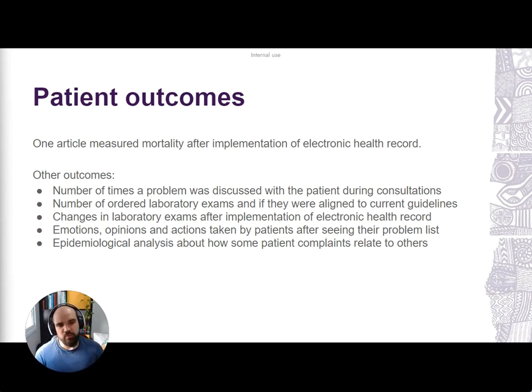Other outcomes related to patients were present in those studies as well, such as the number of times a problem was discussed with the patient after the intervention, the number of ordered laboratory exams and if they were aligned to current guidelines, changes in laboratory results after the intervention, emotions, opinions, and actions taken by patients after seeing their problem list, epidemiological analysis about how some patient complaints relate to others, and etc. There were others as well.